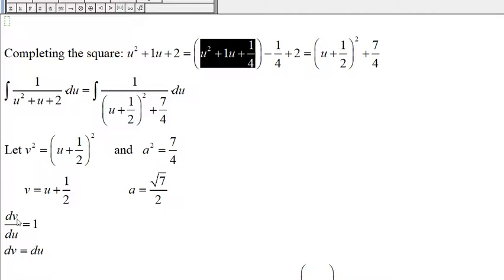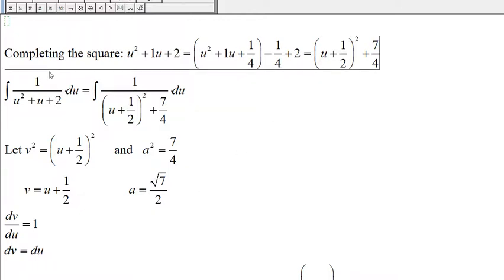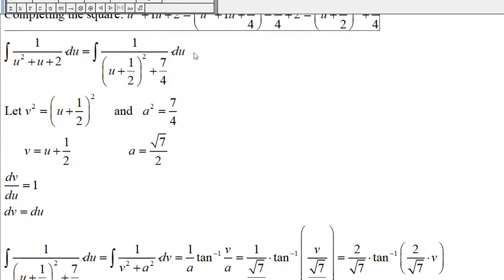From here, we get dv over du is 1, and so dv is du. And so this integral right here now becomes 1 over v squared plus a squared, which is 1 over a times tangent inverse of v over a.